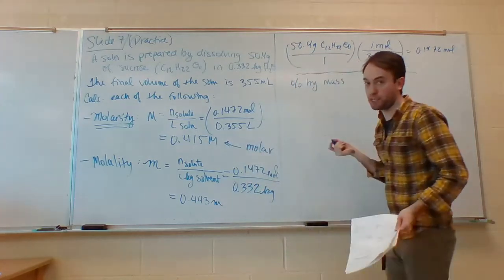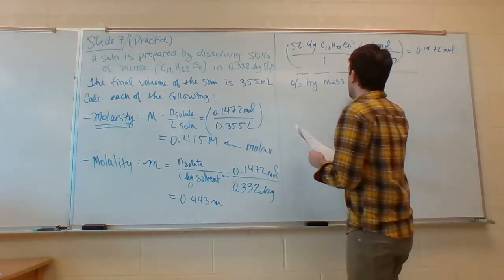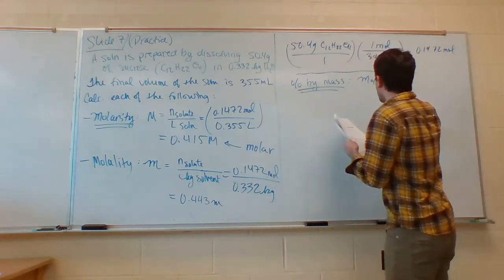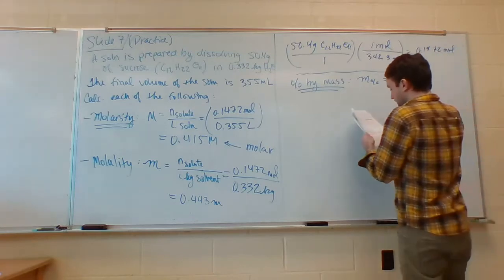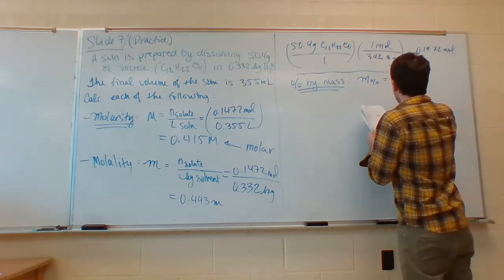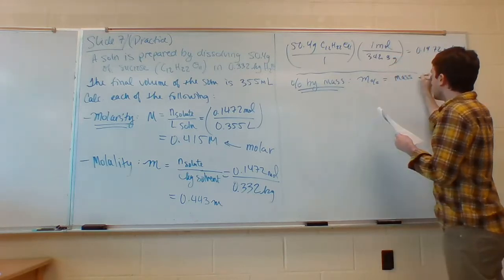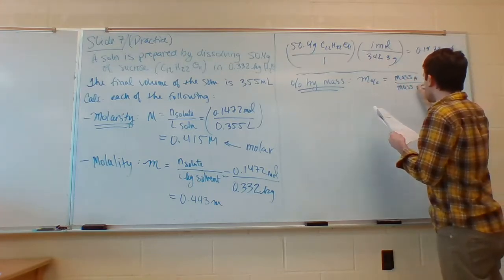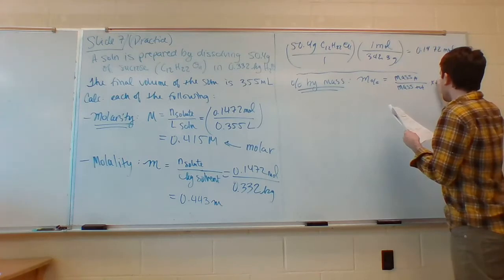All right, now the next thing that I want us to calculate is our percent by mass, which is the same as our mass percent, just a different way of asking it. To get our percent by mass, we're going to calculate our mass percent, which was our mass of A over our mass total times 100.